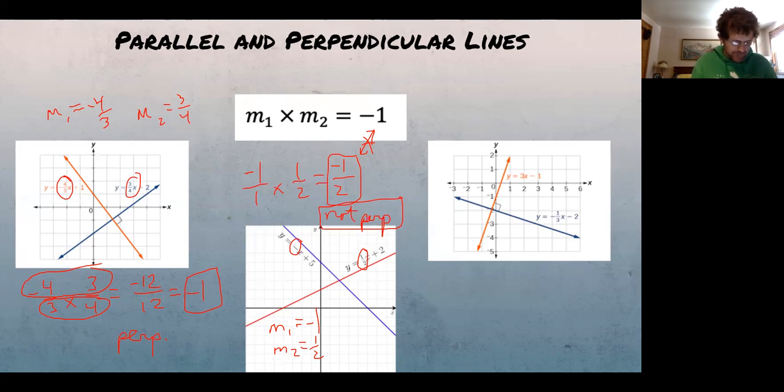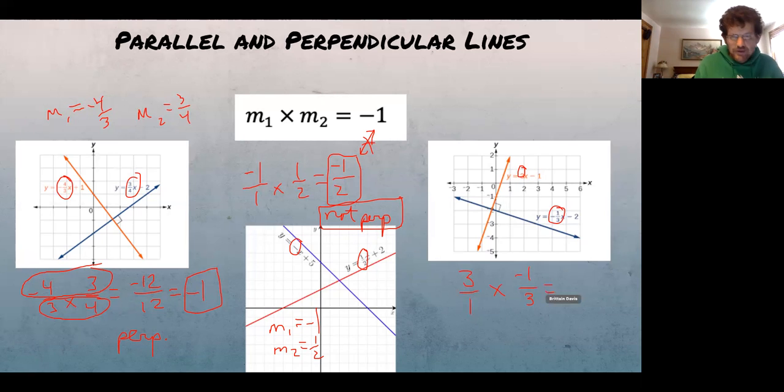All right. Now the last one, we can already see it shows the right angle here. So we know from the get-go that it's perpendicular, but let's just verify it. So we got 3 and -1/3. So I'm not going to write the slope separately. I'm just going to write it this way. 3 times -1/3. And remember, if you have just a number, you can always put the number over 1.